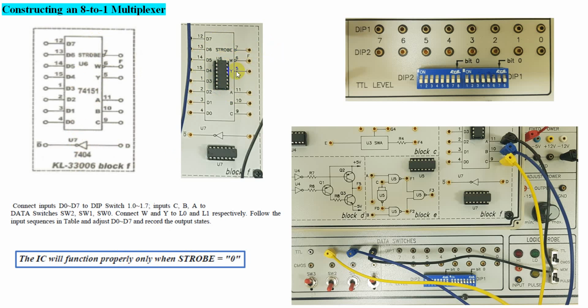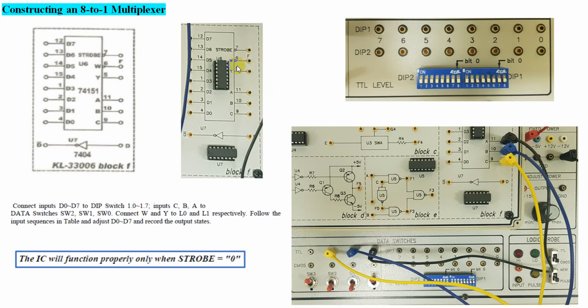So if we want to have the output, this should be connected to 0. How can it be connected? One option is to connect it to one of these grounds here. Or the second option is, you can take a wire from here and connect it to the TTL here and give 0, like this switch should be down, so you will get logic 0 here. So we need to make this connection, remember.